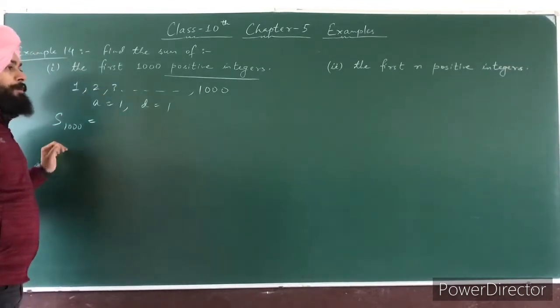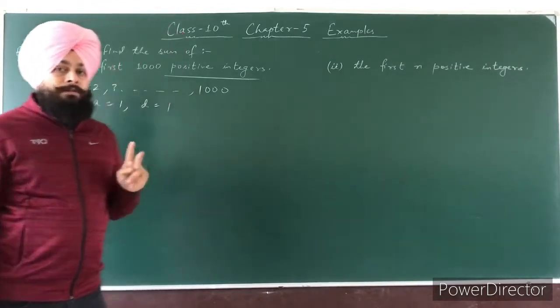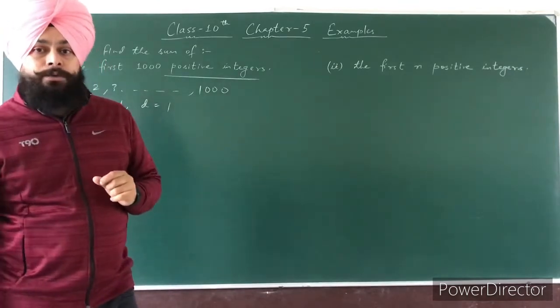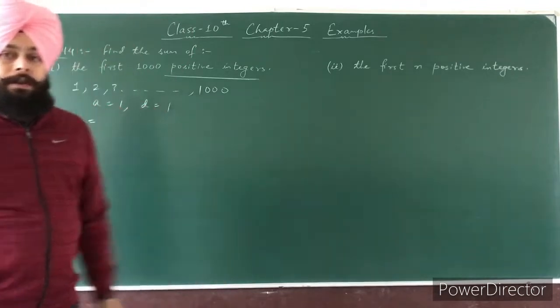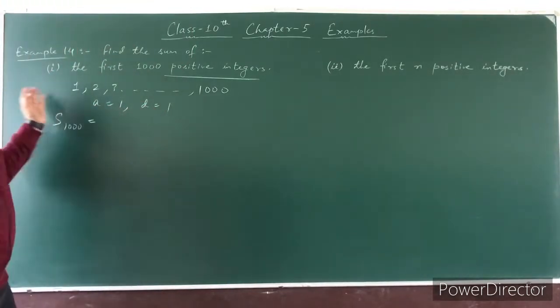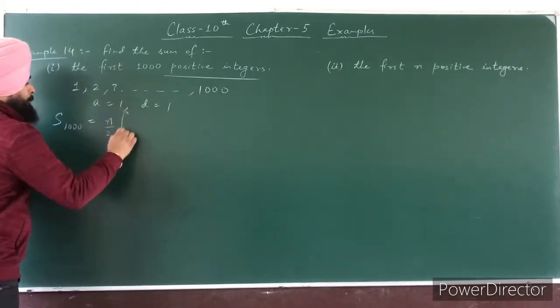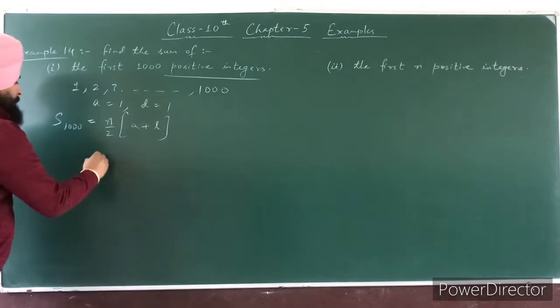Now, what is the formula for the sum of an AP series? There are two formulas. The first one is n over 2 into 2a plus n minus 1 into d, and the second one is n over 2 into a plus l. Since the last term is given in this series, we can use n by 2 into a plus l.